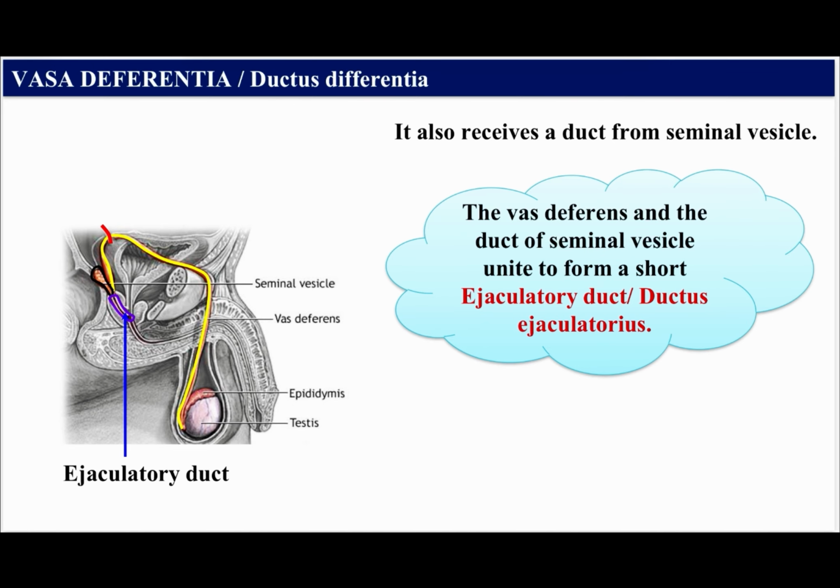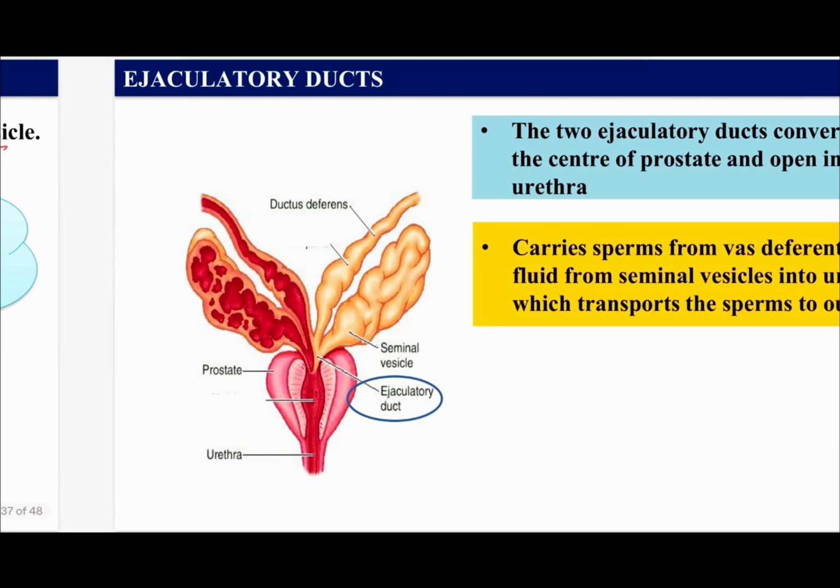The Vas Deferens also receives a duct from the seminal vesicle, this black color one. Together, the Vas Deferens and the duct of the seminal vesicle form a short ejaculatory duct or ductus ejaculatorius.